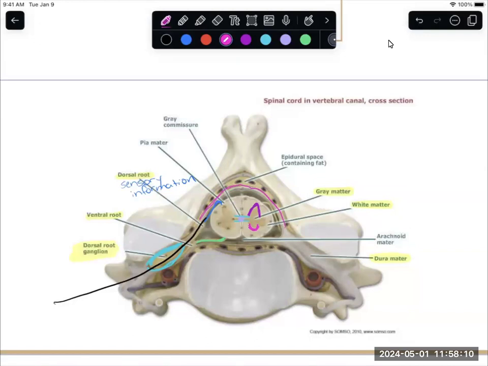The next layer is going to be the arachnoid mater. We've got that labeled over here. And then we have our pia mater that sits directly on top of our spinal cord.